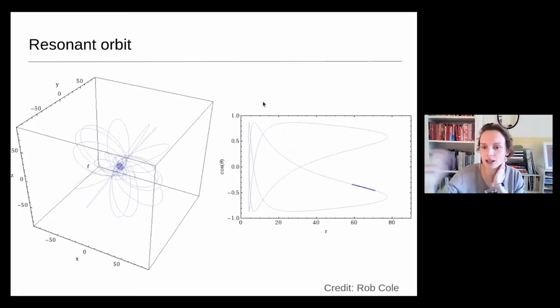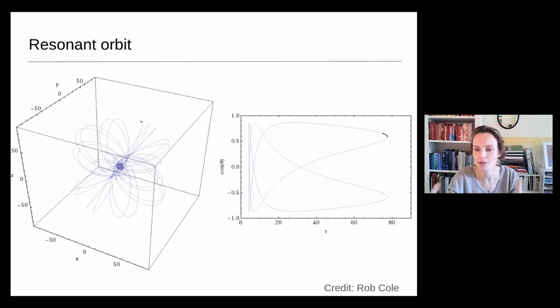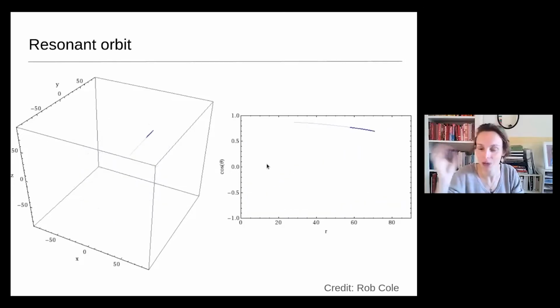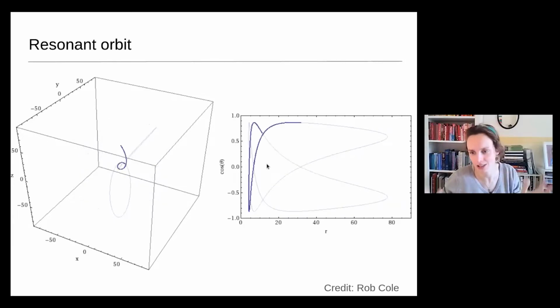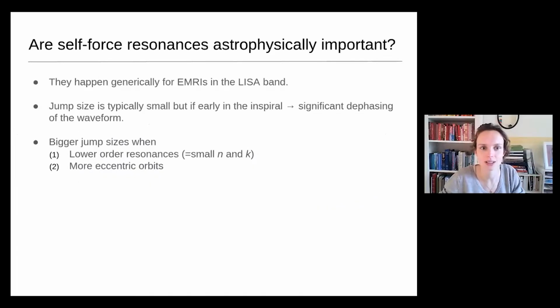It doesn't matter how long we wait, we do not fill out this r theta plane completely. We're just restricted to this one-dimensional subset. And that's also the reason why averaging typically is not a good idea when you are on a resonance. Generically fine, but not when you're on a resonance.